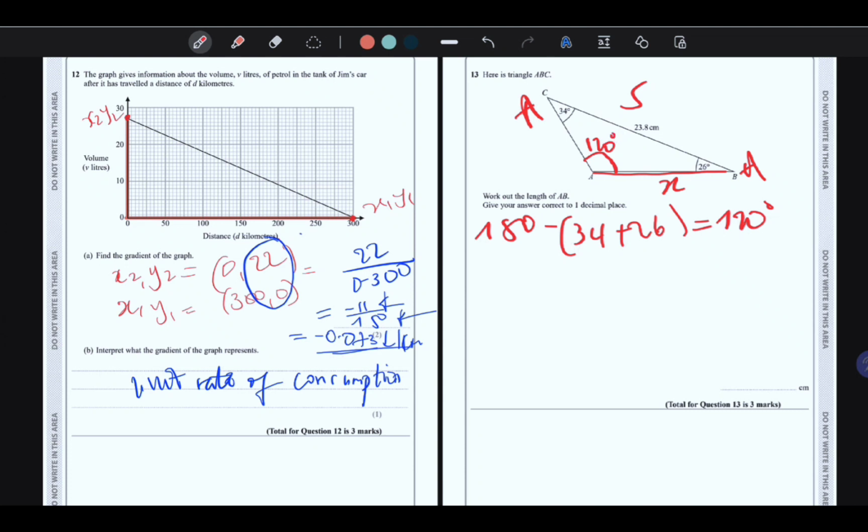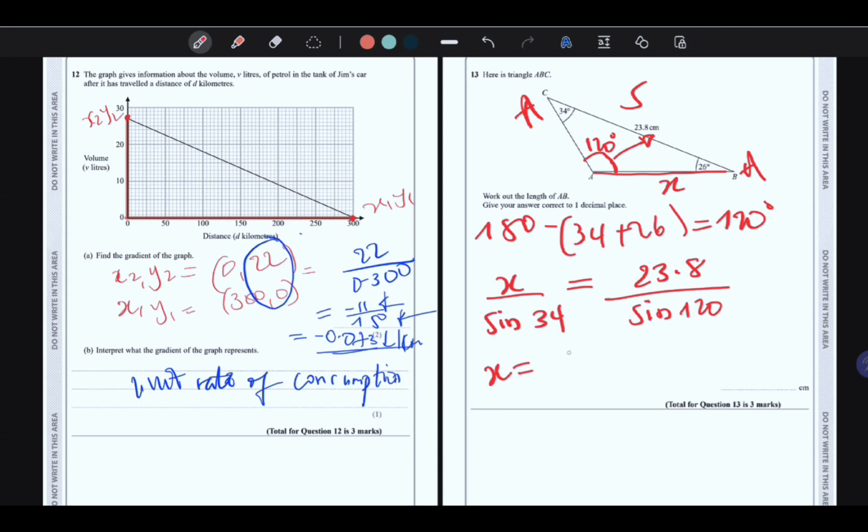Okay, so now we can use the sine rule since we have the angles opposite to each side. So we start by doing x over the sine of the angle opposite to it, which is 34, and that should be equal to 23.8 over the sine of angle 120.